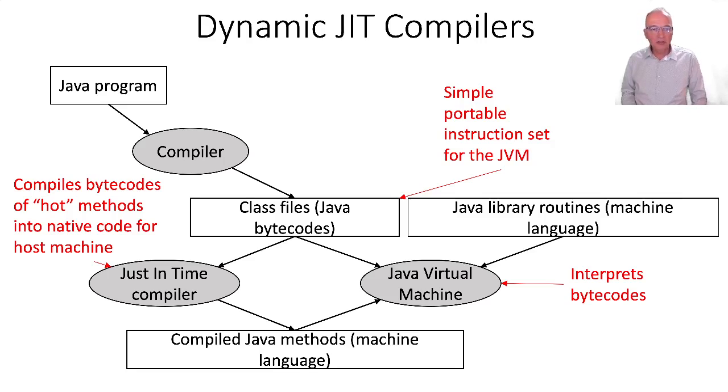So my own research group has done extensive work with the IBM Java compiler. And with that work, we ended up using machine learning to try to figure out what was the best strategy to compile different methods in a Java program.